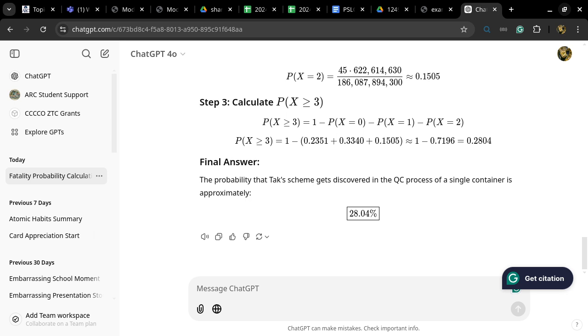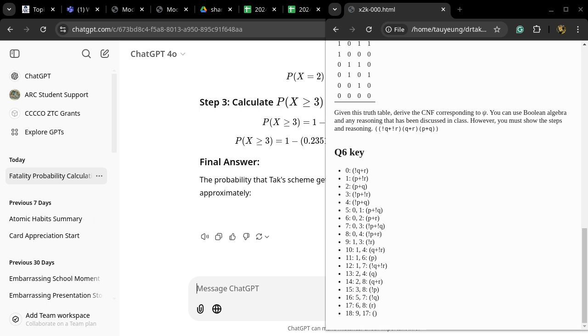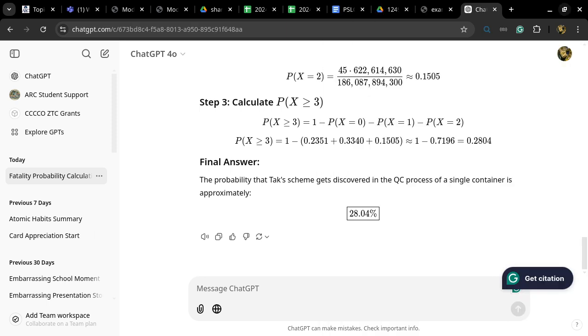And it ends up at 28.04%. That is not correct. Okay, wait, did I? That is not correct.